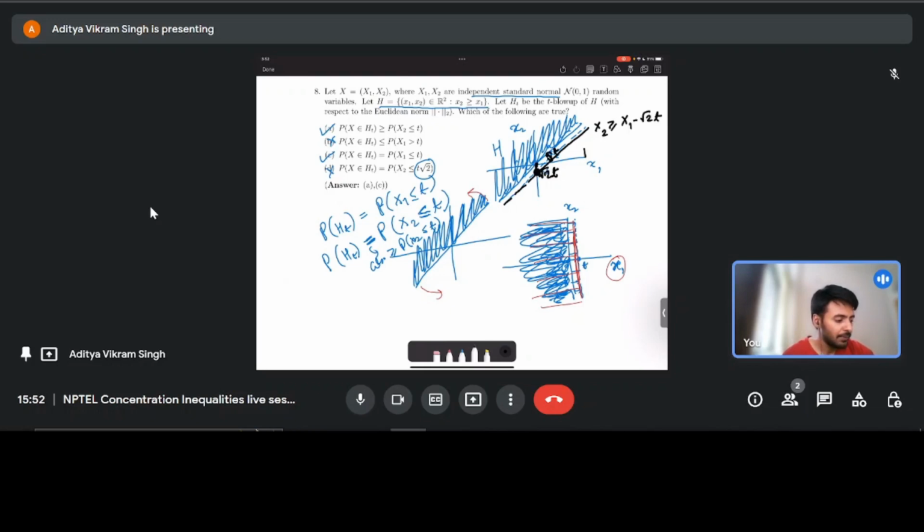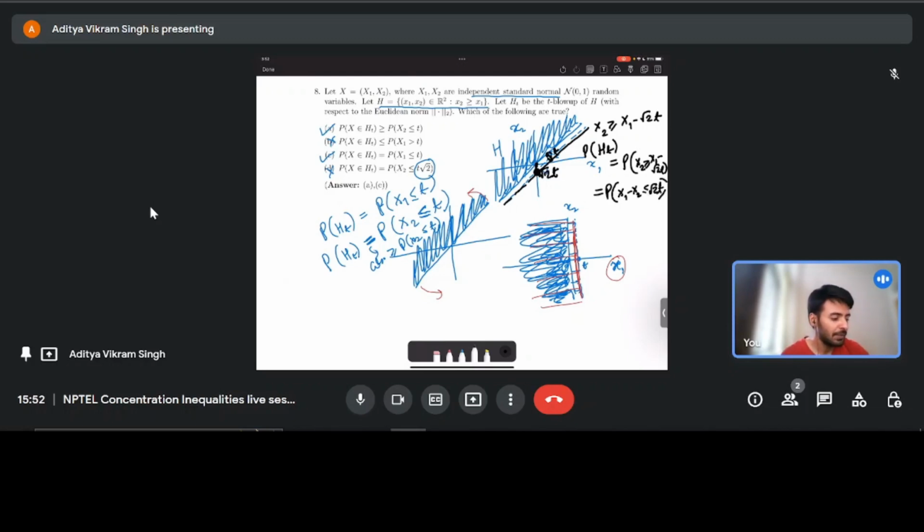So what we have is that probability of HT is the same as probability of x2 greater than or equal to x1 minus root 2t, which is the same as probability of x1 minus x2 less than or equal to root 2t.